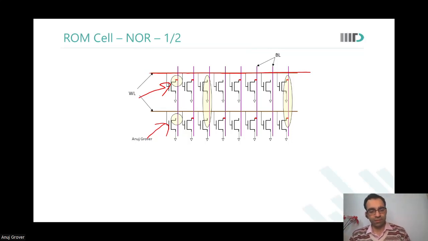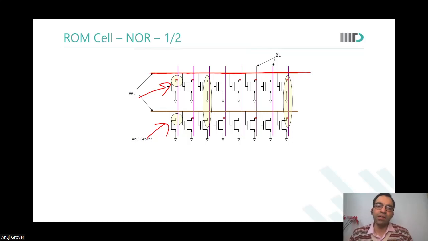So what is the challenge? First, have we understood what the programmation being done here is? How is the programmation being done here? Any questions about the programmation part? The contact means writing 0. Yeah, if I connect it to the bit line, I'm saying that I'm writing 0 there. The bit line would discharge.